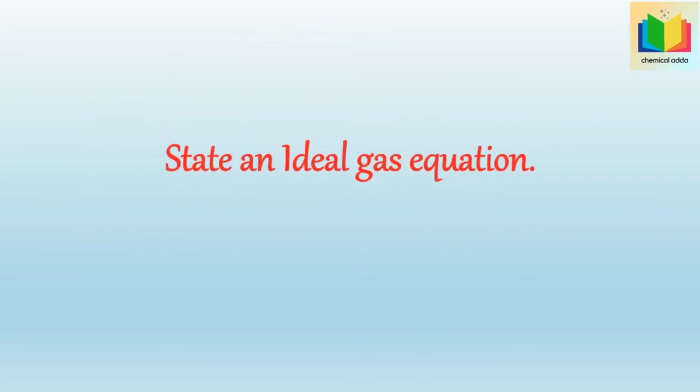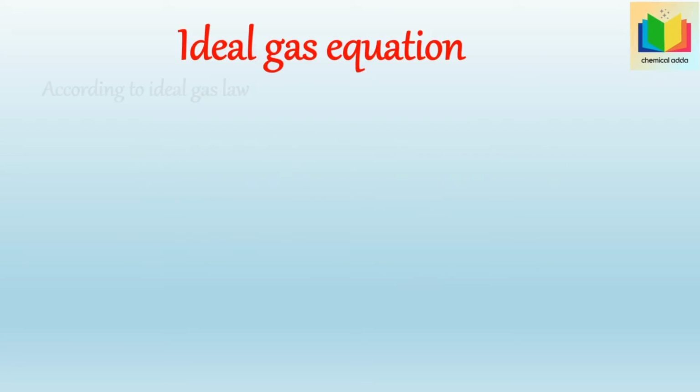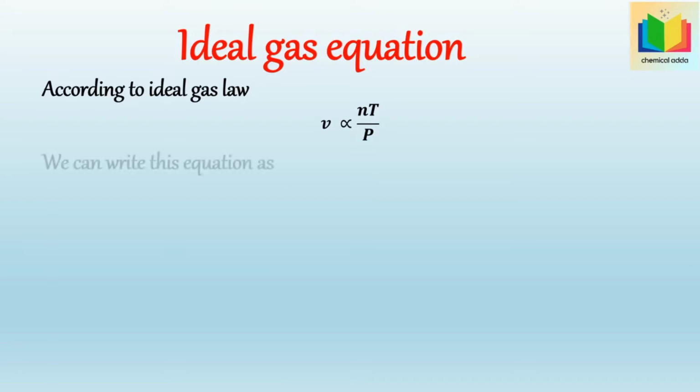Now, state the ideal gas equation. According to the ideal gas law, V is proportional to N into T divided by P. We can write this equation as V is equal to R into NT divided by P. Hence we get PV is equal to nRT.